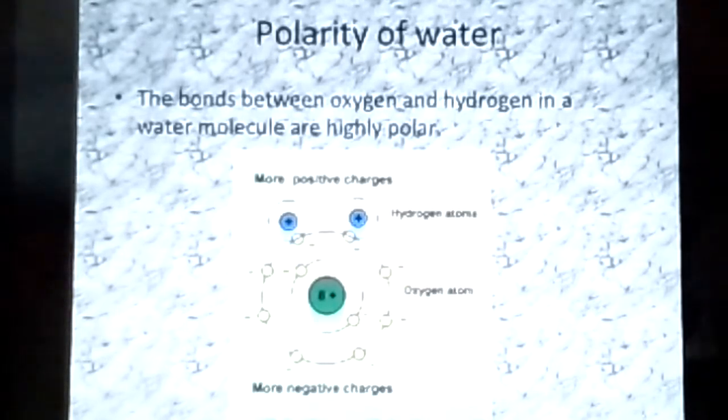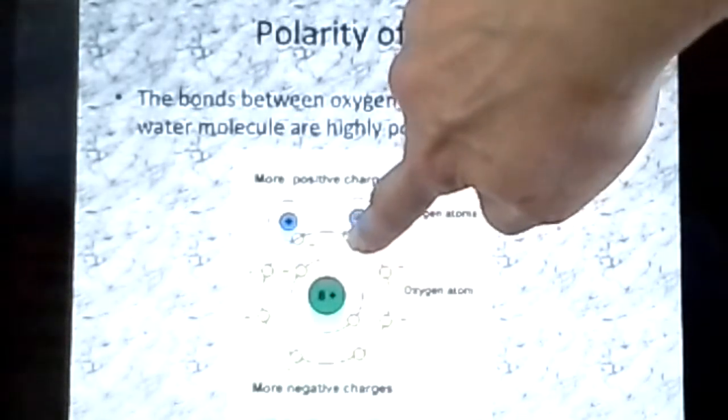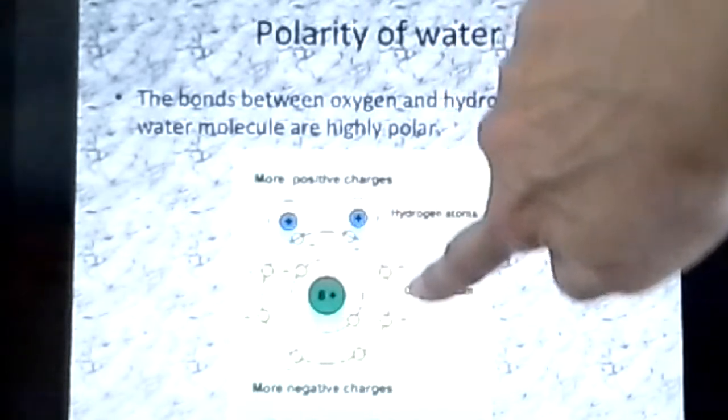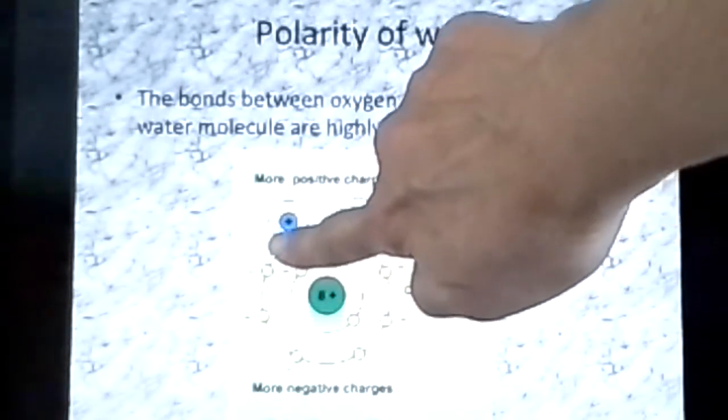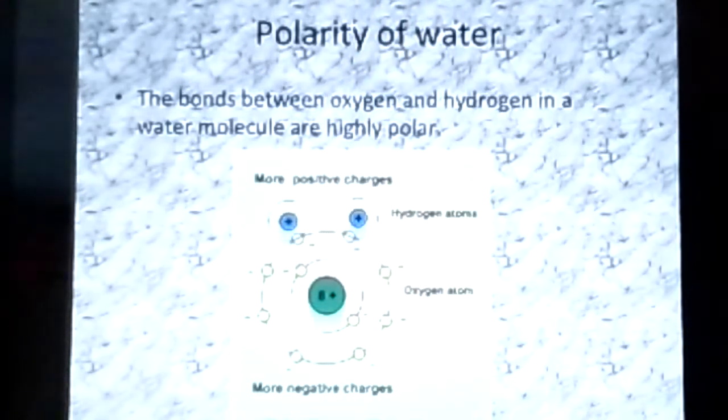If you follow an electron around, as it moves around the hydrogen, around the much larger oxygen, and around the small hydrogen, you can see that the electron spends more time circling the oxygen atom than it does the hydrogen. That means that the oxygen is negative while the hydrogen is positive. This polarity is what drives the properties of water.